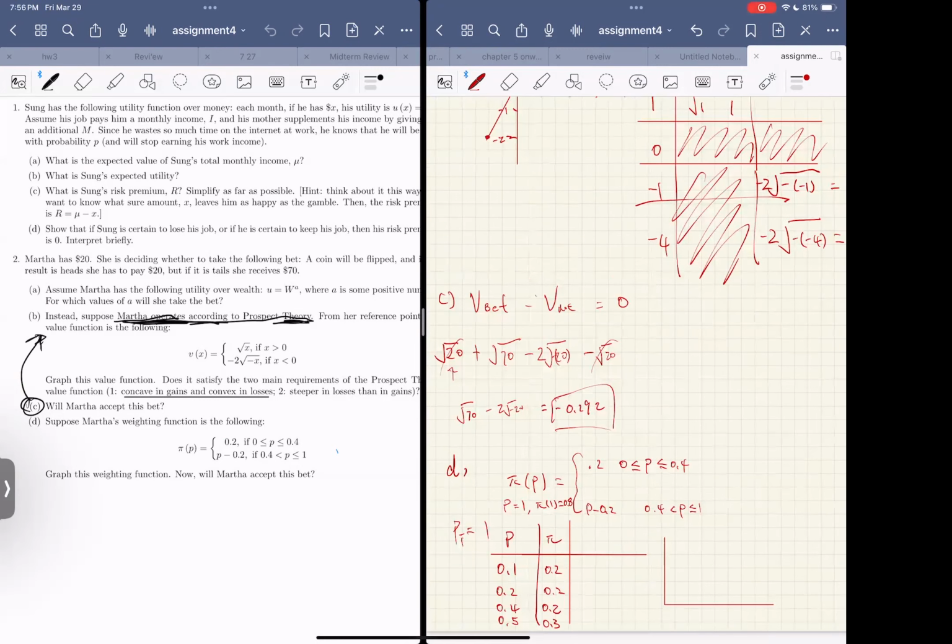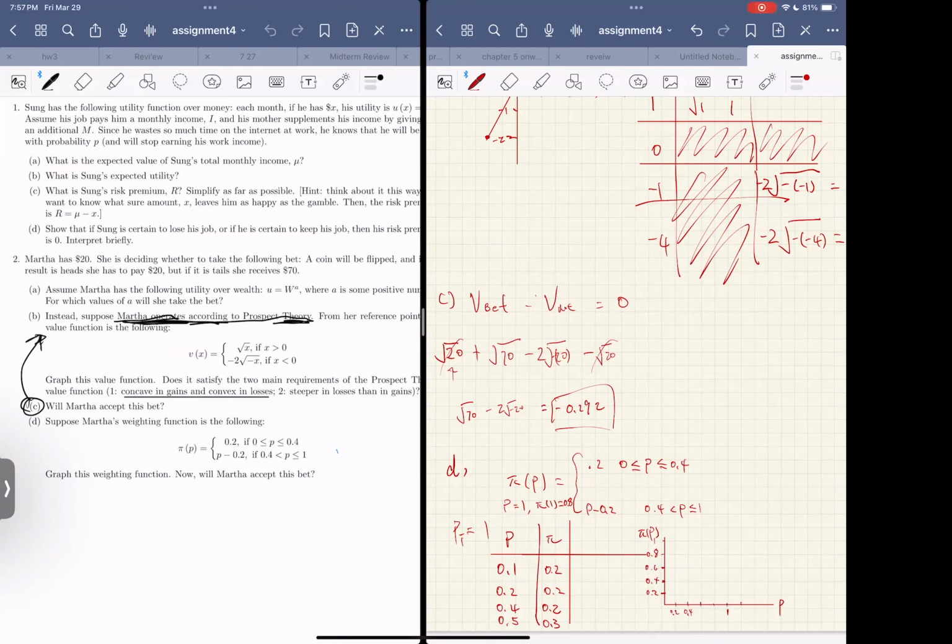We just need to draw. So p, pi of p. So this is 0.2, 0.4, 0.6, 0.8, 1. Okay, let's just do it here. 1.2, 1.4.